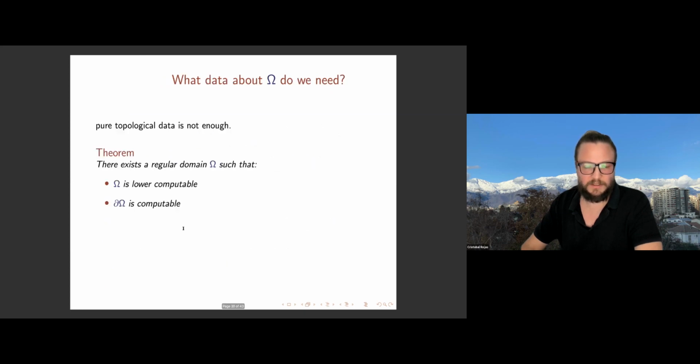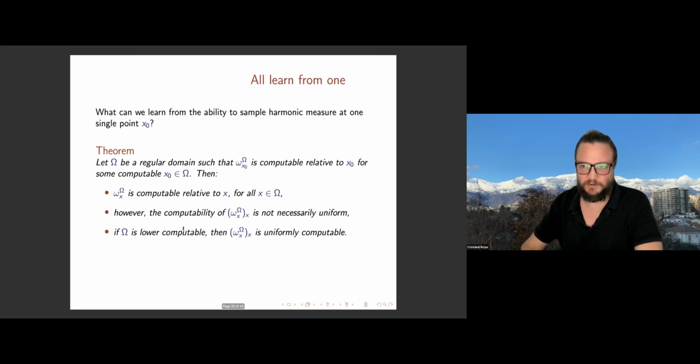So these are the statements, and now I'm going to give ideas of the proofs. So I'll start with this one. Okay, so we have these three parts. So I'm going to show first the idea of how to compute the harmonic measure at every point, if we only know how to compute it at one point, without knowing everything else about the set.